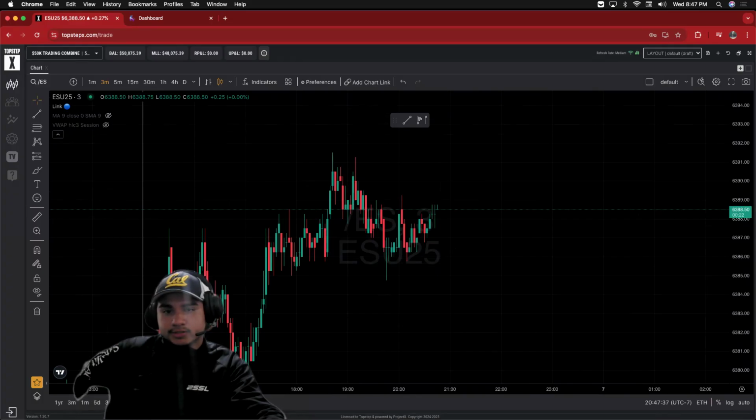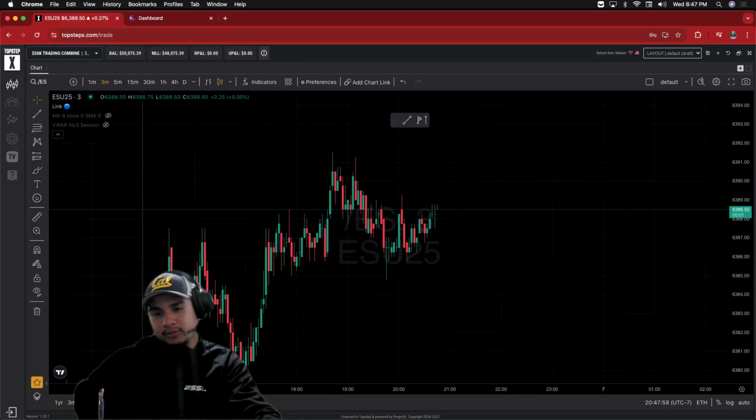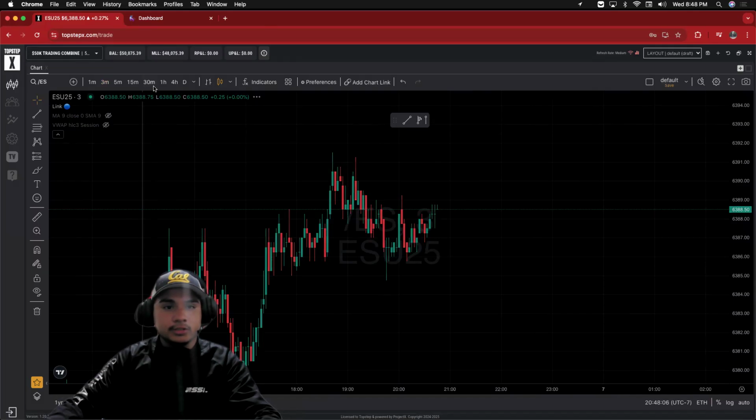Ideally, I want to see some sort of fake out. So it looks like the double top, triple top thing where possibly more people are seeing the same thing that I'm seeing. Therefore, the market is trapping these people, going to liquidate them and then continue the trend downwards.